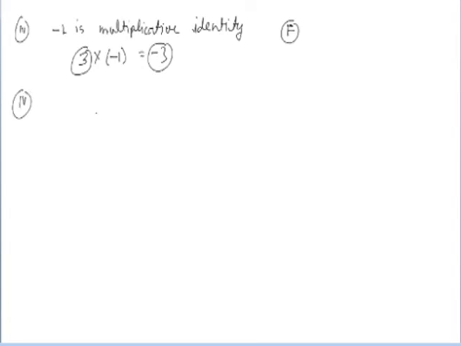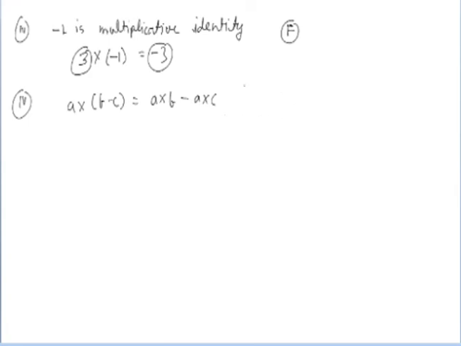Fourth part, a into b minus c is equal to a into b minus a into c. This is the distributive property. Okay.